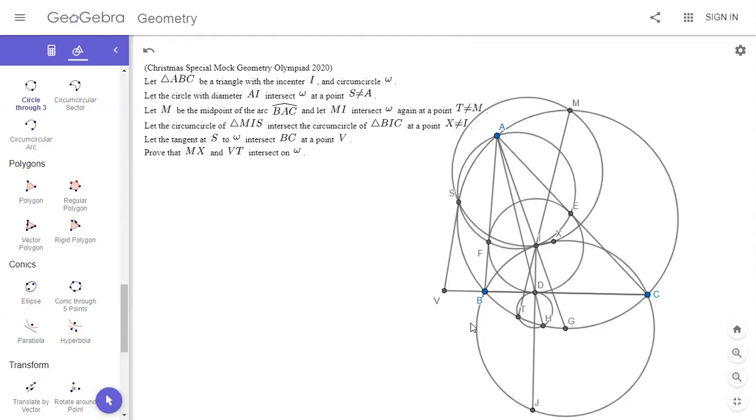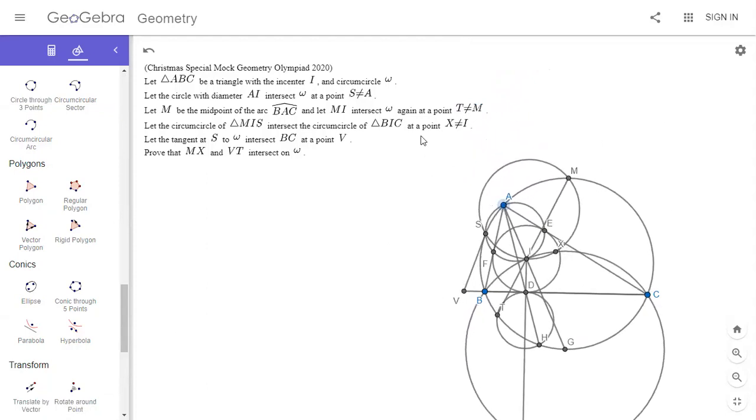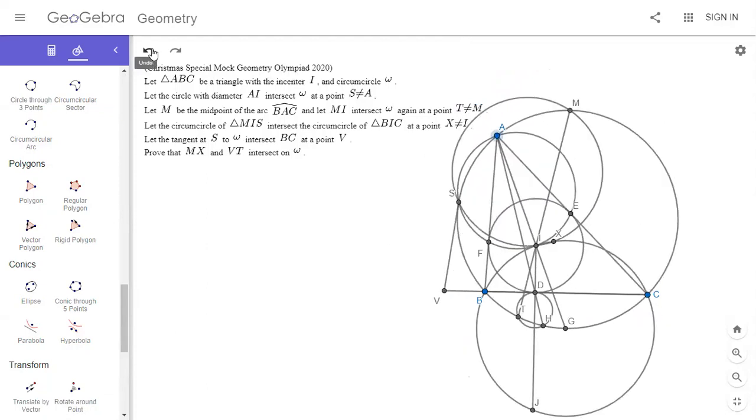I think the circumcircle of THD might be tangent at D. Yeah, it looks like the circumcircle of TDH is tangent at D to the line BC.